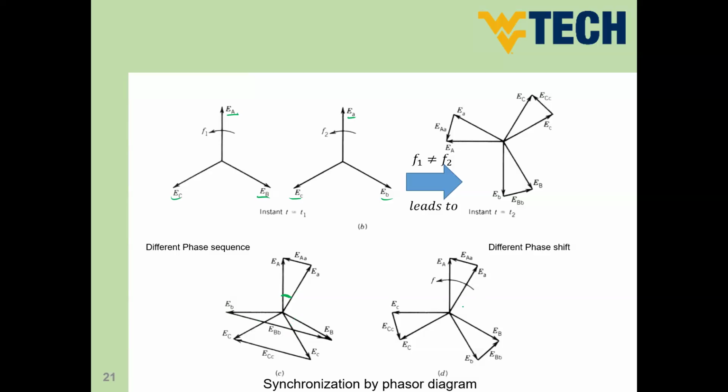And here you have only phase shift, so we have the same frequency, so both vectors are rotating at the same speed, and there is no phase sequence difference. So this is A, this is B, and this is C, but you have a certain phase shift between both of the phases, so you would have a voltage all of the time. So these are the three other conditions, guys. These are the conditions under which you cannot achieve synchronization.